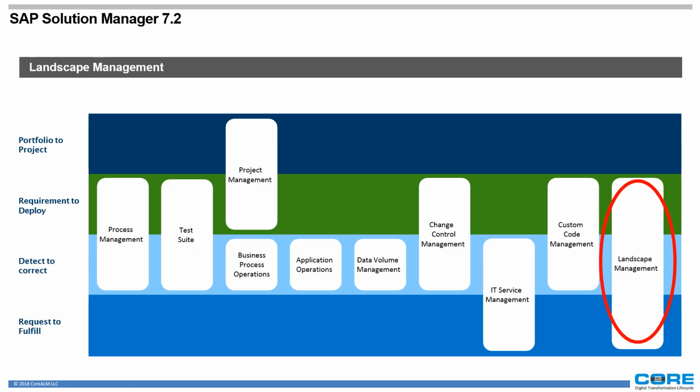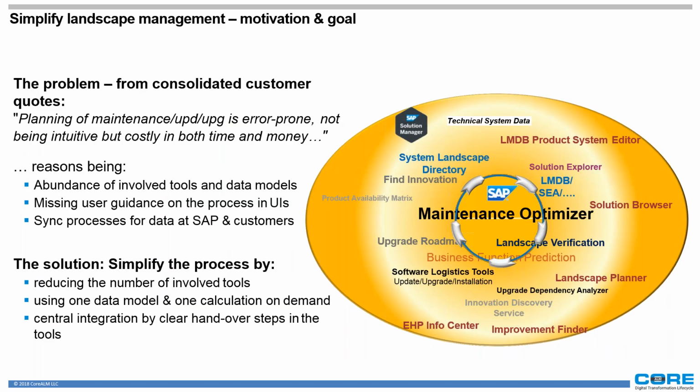And last but not least, we have landscape management. For those of you that have been involved in an upgrade of ECC 7.1, an enhancement pack, or a support pack, one of the most painful processes is using the maintenance optimizer, which is a tool to help you generate the stack files and figure out the product system definition of the systems.